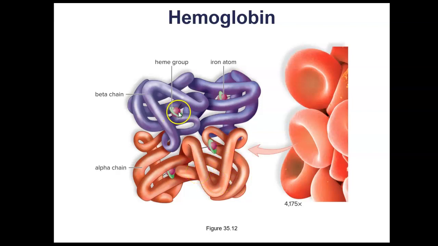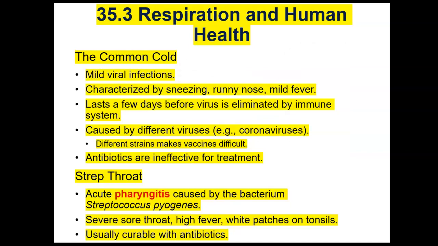And then oxygen attaches to the heme group, specifically to an iron atom, which is this purple molecule here. It attaches to an iron atom on a heme molecule. So you see that there are 4 of those iron atoms and 4 heme groups in a hemoglobin. So 4 oxygen molecules can attach and be transported by 1 hemoglobin protein.